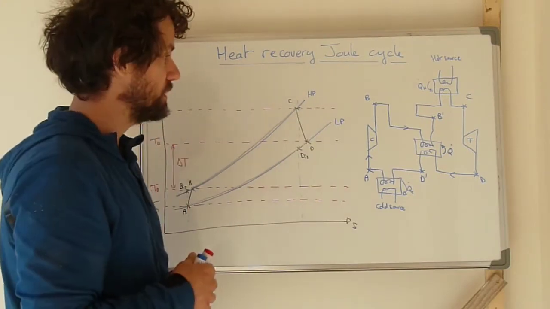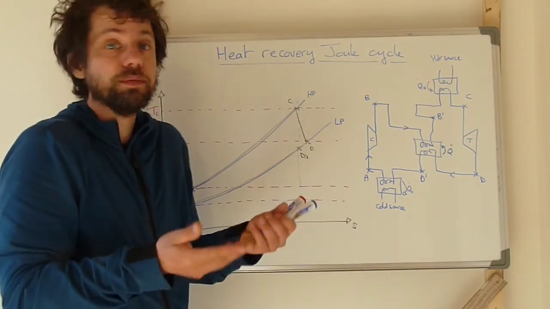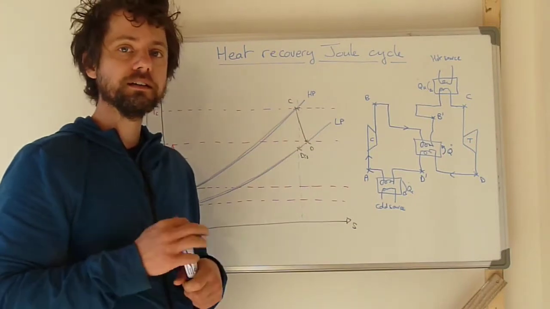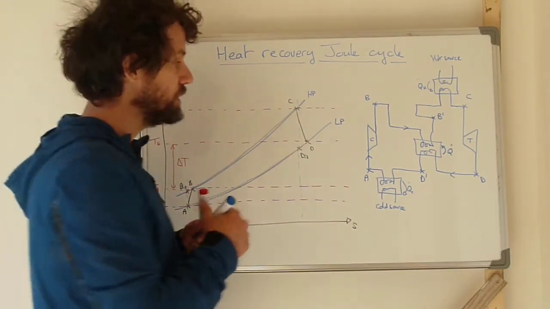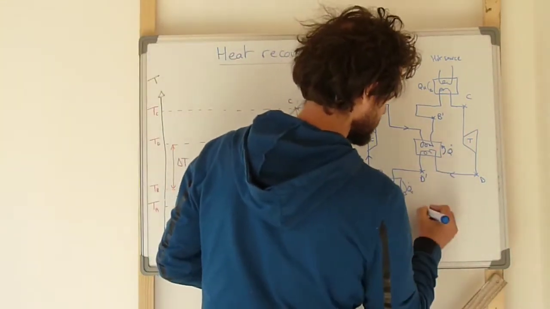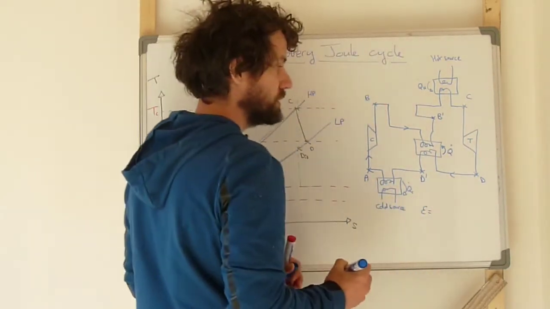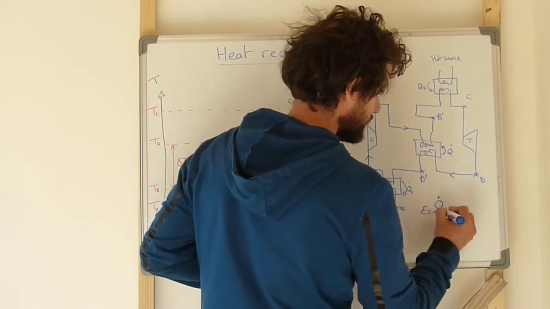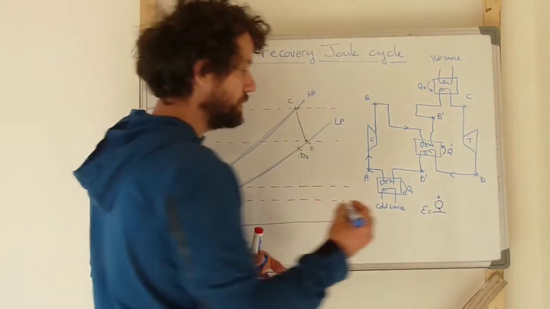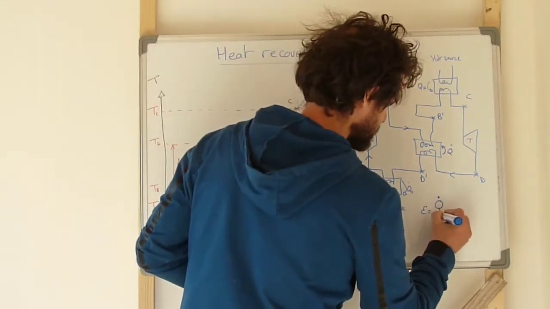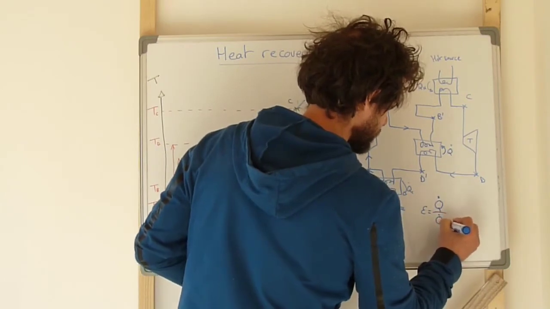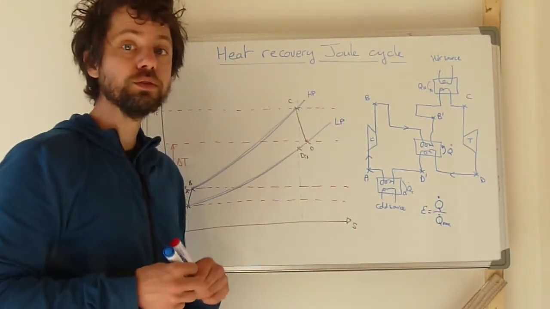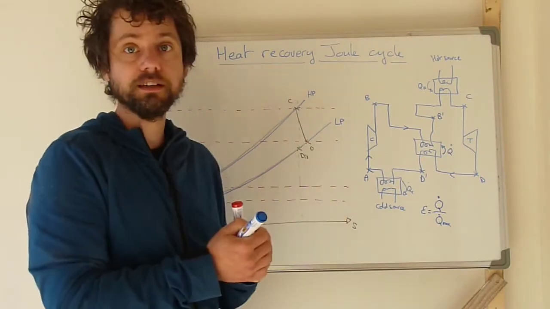But we will not use a perfect heat exchanger, and this is defined with the efficiency of the heat exchanger. So the efficiency of this heat exchanger is defined by the actual heat transfer rate that is exchanged between the fluids divided by the maximum heat transfer rate that could be exchanged in a perfect heat exchanger.